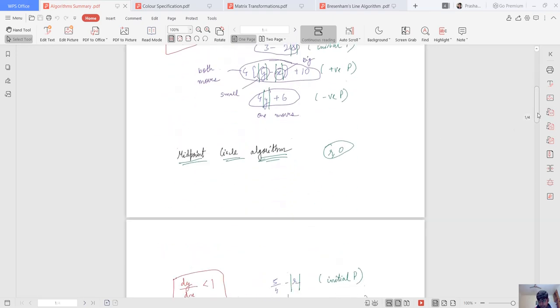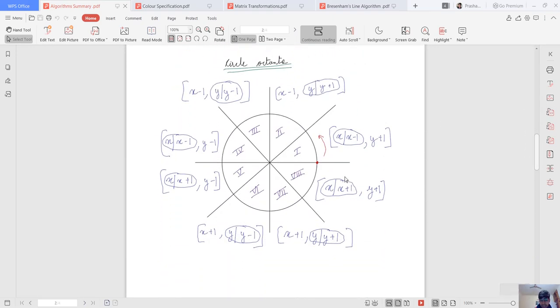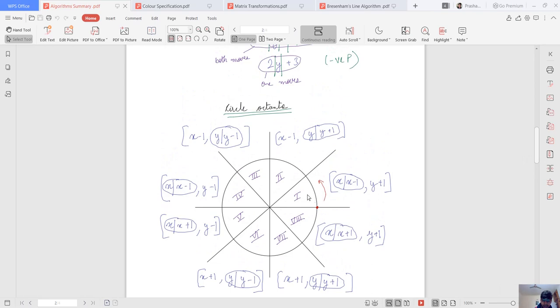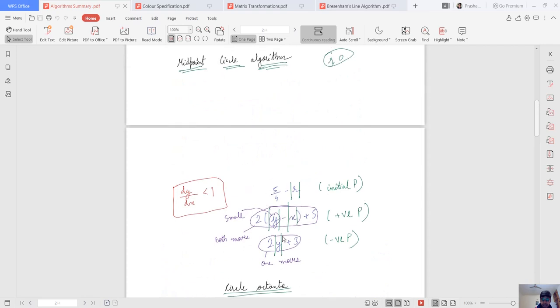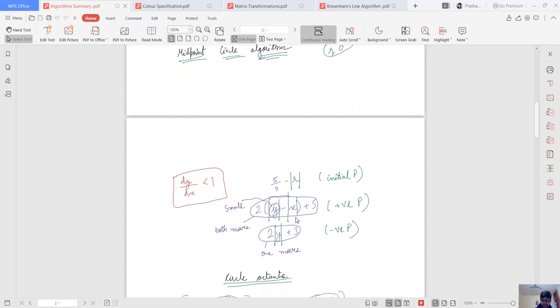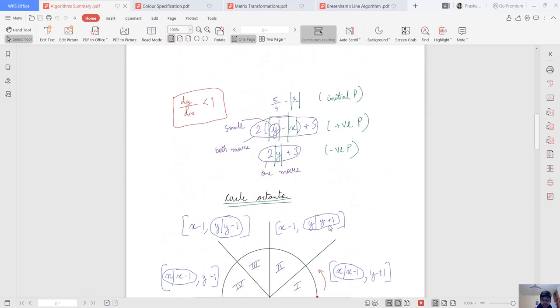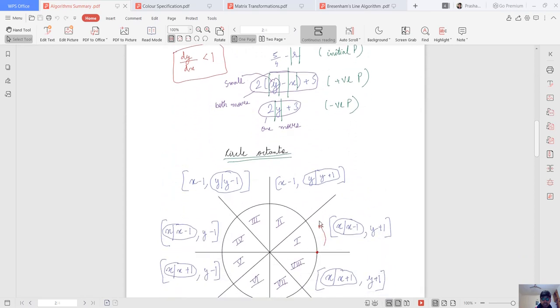Another thing that you have to remember is that in the first, fourth, fifth, and eighth octants, y is always increasing or decreasing, but x is changing. Whatever changes comes next, and this will be the small one.